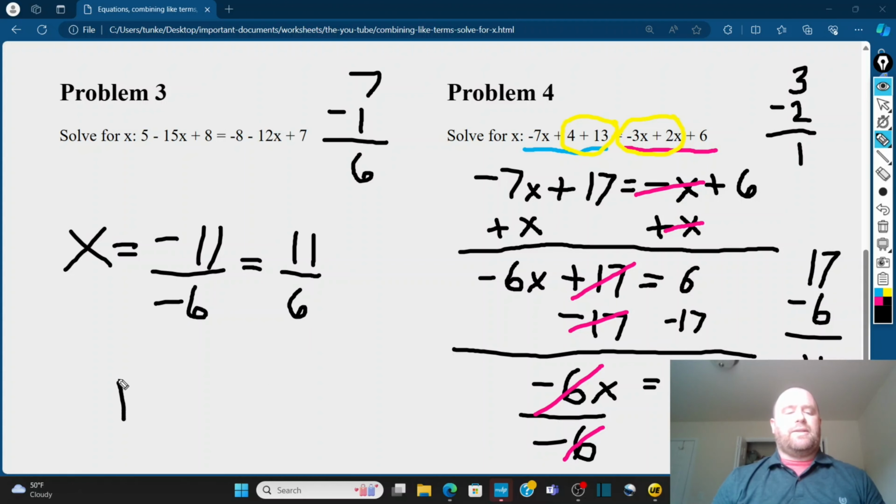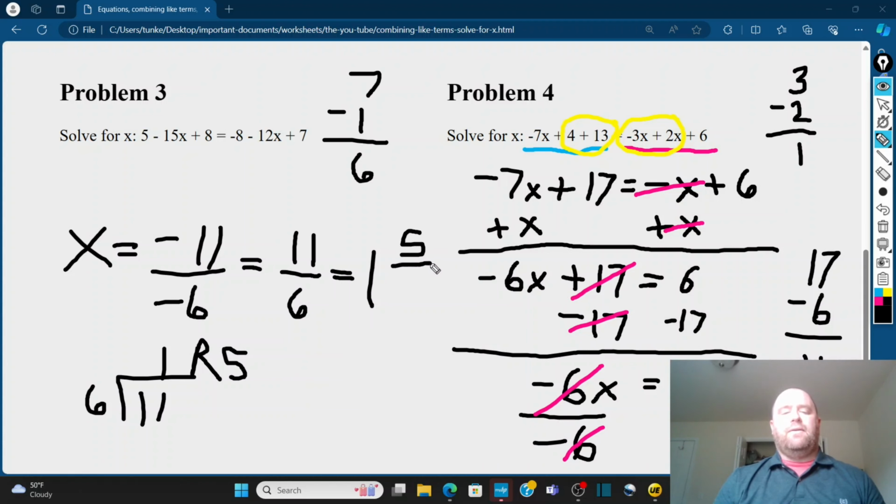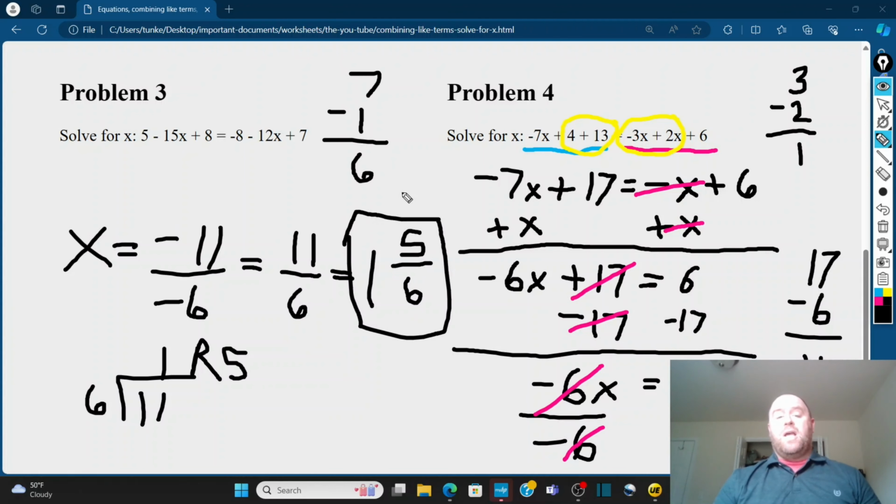Now, if we want this as a mixed number, we can do 11 divided by 6. 6 goes in once. There's going to be a remainder of 5. So I can write this as 1 and 5/6. So x is 1 and 5/6 for the last problem.